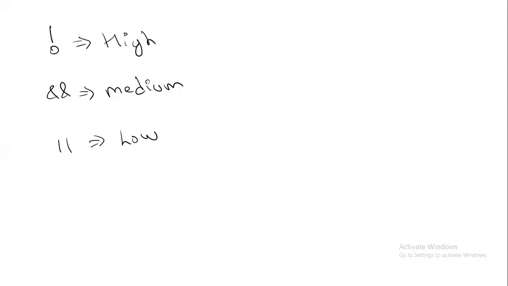Why am I telling the precedence? Because for arithmetic operators we have evaluated expressions, right? When multiple values are given, we'll see now how to evaluate that.